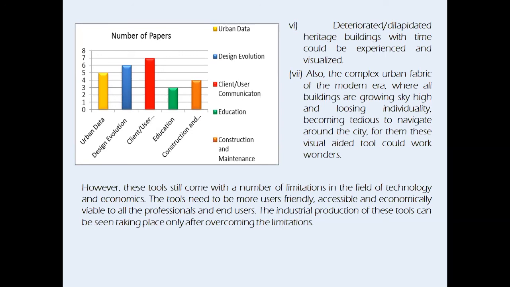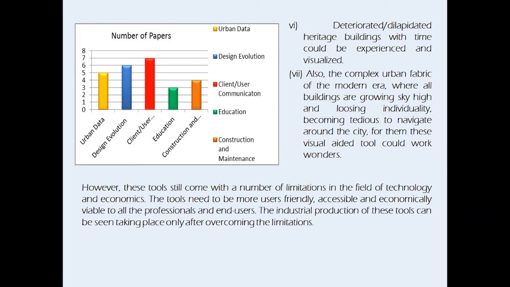However, these tools still come with a number of limitations in the field of technology and economics. The tools need to be more user friendly, accessible, and economically viable to all the professionals and end users. The industrial production of these tools can be seen taking place only after overcoming the limitations.